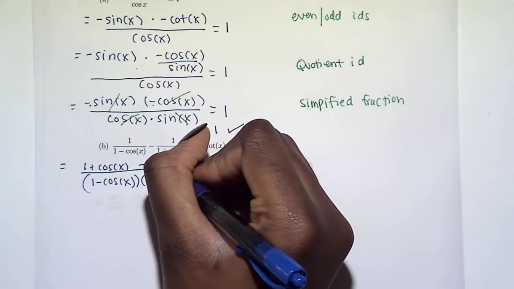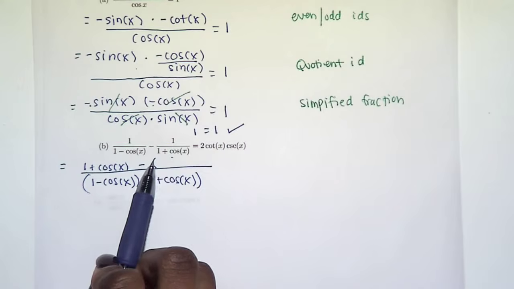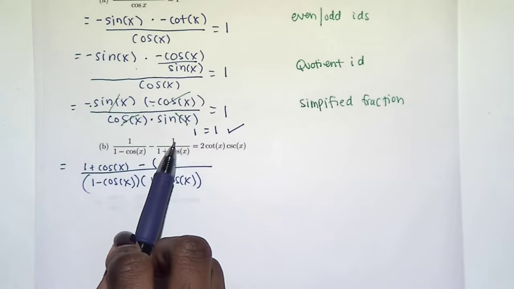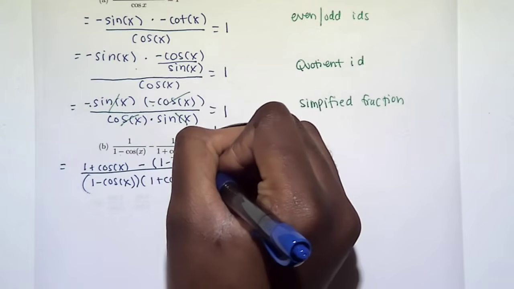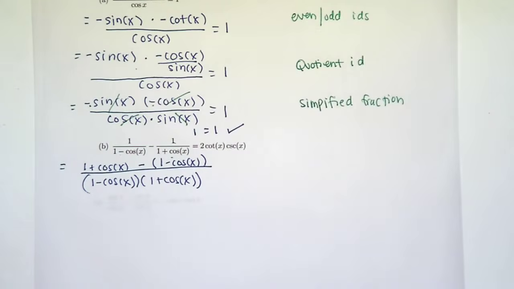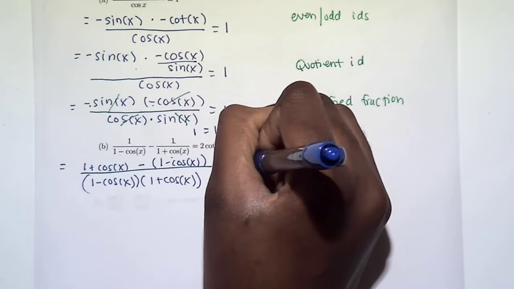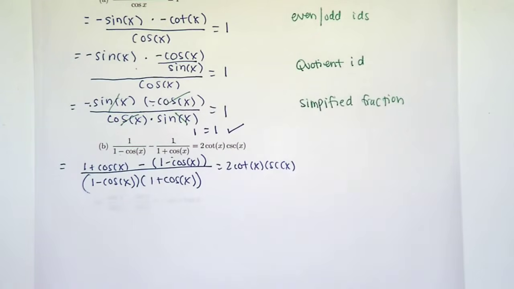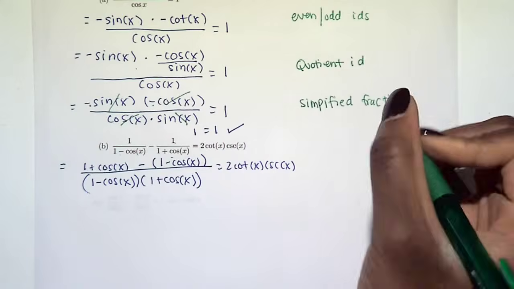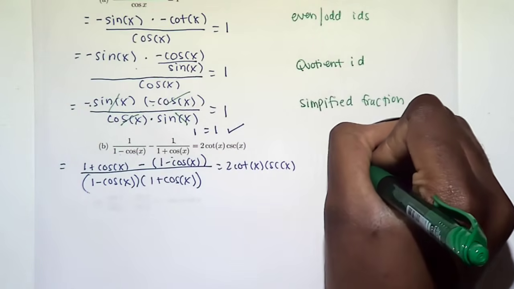All right, I'm going to make sure I put this in parentheses because I want to subtract this whole thing. All right, so I have to multiply this one by 1 minus cosine x. All right, so my first step, I just got a common denominator.